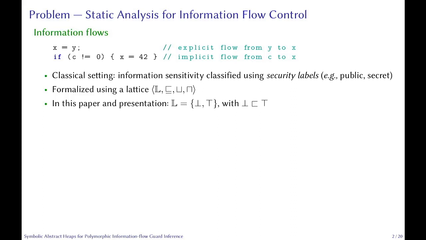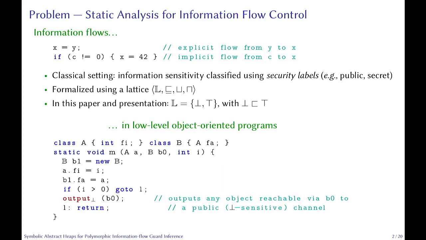This is usually formalized using a lattice L here with a very straightforward partial order and operations, meet and join. In this paper and the presentation, we only focus on the two-level lattice because it's already quite complicated otherwise. What we present generalizes also to other more complicated domains, like if you have more labels, but that would require a few adaptations.